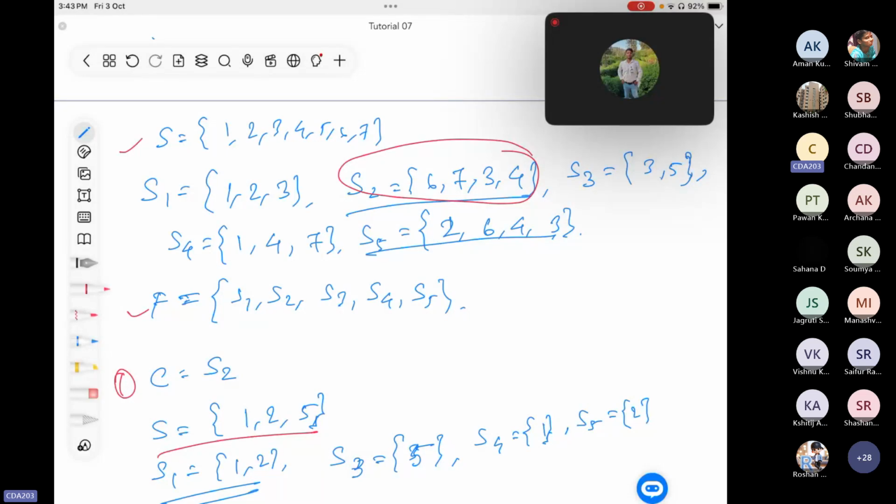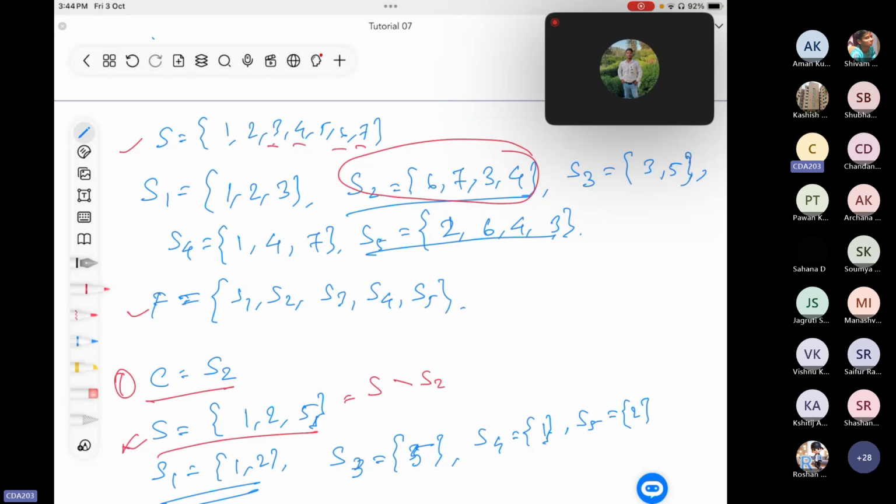Now, after choosing S2 in C, all these elements of S2 in S, that is 6, 7, 3, and 4, they are covered, right? They are already inside a set. We don't need another set to cover them. So it's ideal to just remove these elements from S also. That's why we opt for S as this one. It's basically S minus S2. We just remove those elements that are in S2 because we don't need to cover them.